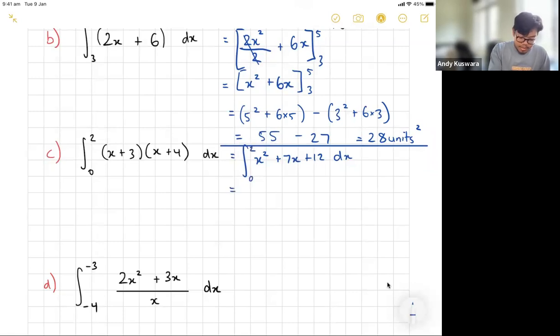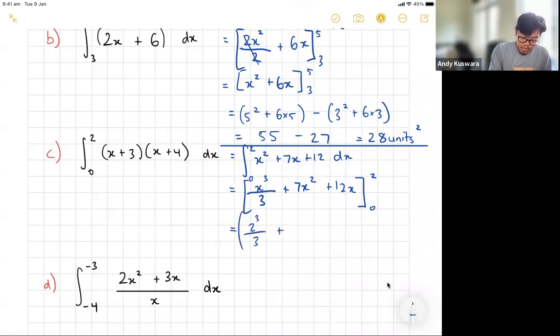So let's calculate this. This now becomes x to the power of 3, adding 1 to the power, divided by the new power, plus 7x squared plus 12x. And again, this whole thing, I'm going to put square brackets. I'm evaluating between 0 and 2. Now, to calculate this, it'll be 2 to the power of 3 on 3.